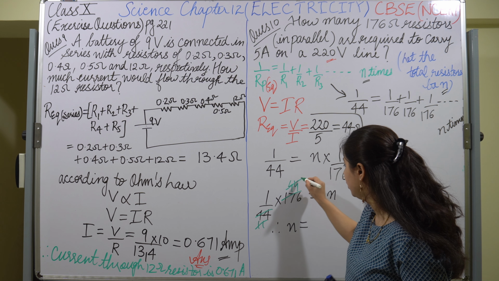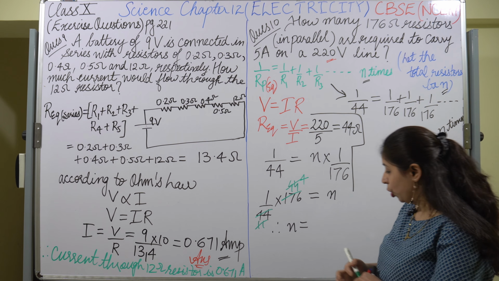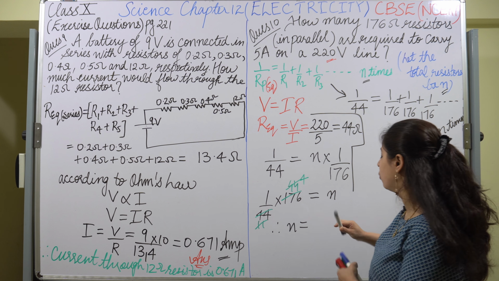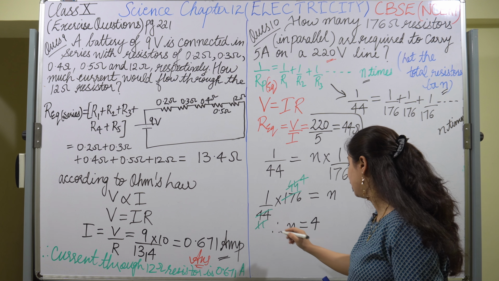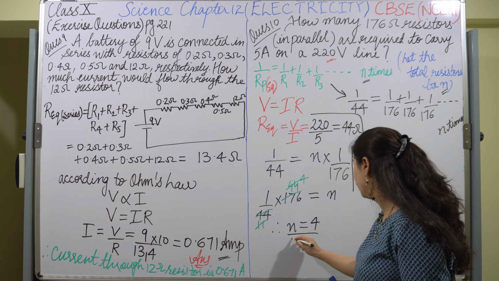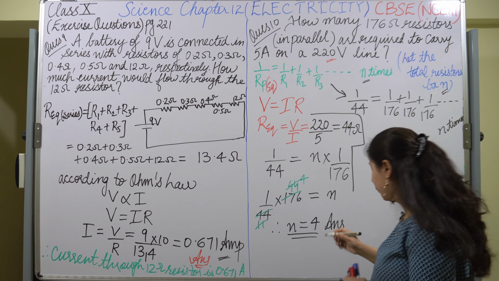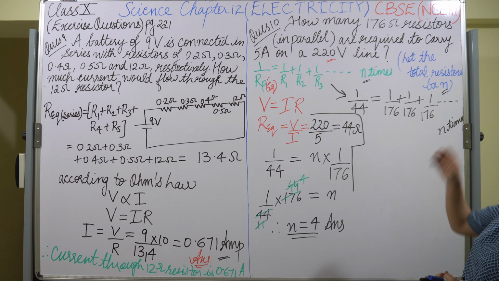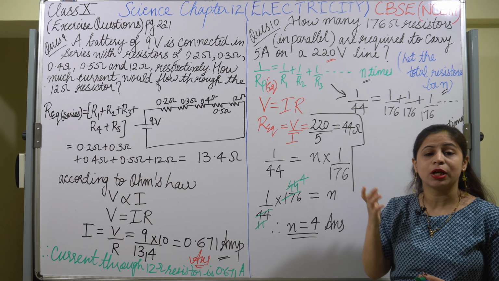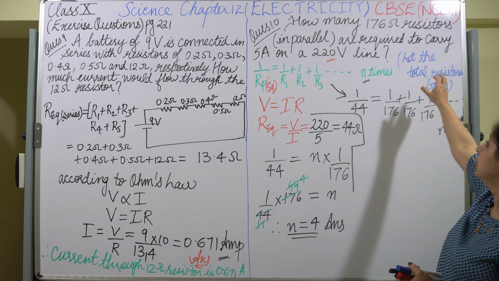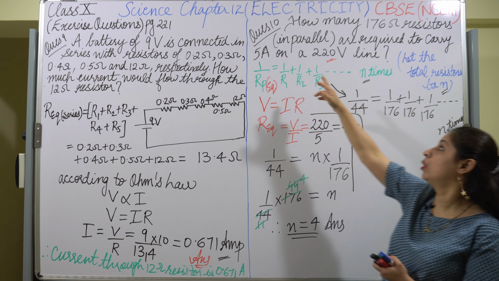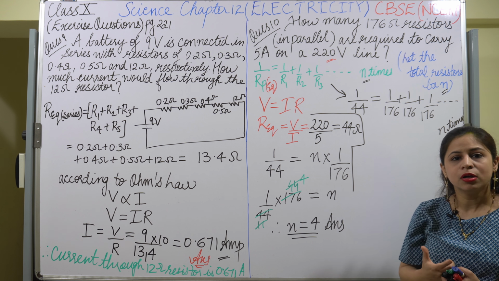Again, 11 ones are 11, 11 fours are 44. So ultimately the n value comes out to be 4 as the answer. So the number of resistors required to be connected in parallel in order to carry 5 amperes on a 220 volt line is 4.